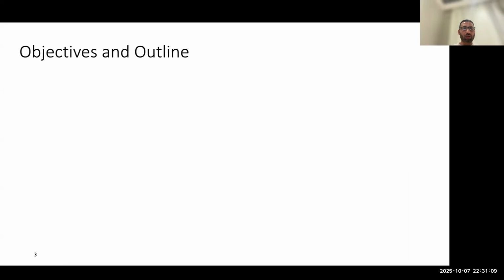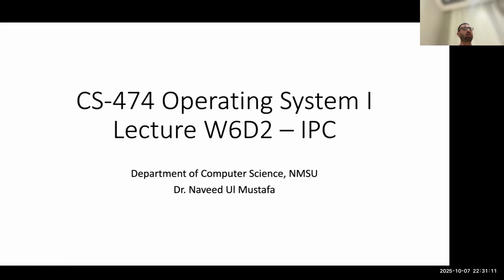So last time we were talking about IPC. Remember our discussion about processes: they need to communicate with each other, and in the context of IPC there are two main mechanisms for communication, through shared memory and through message passing. We had an example of shared memory communication to solve the producer-consumer problem, right?